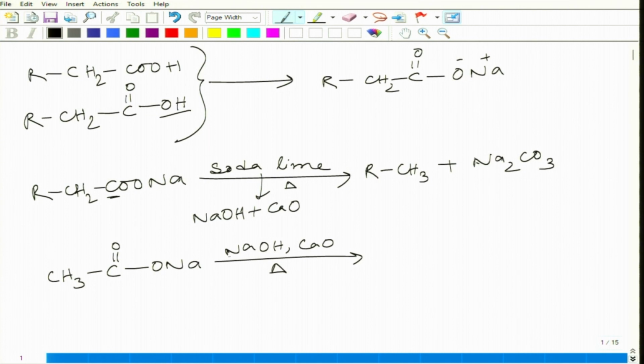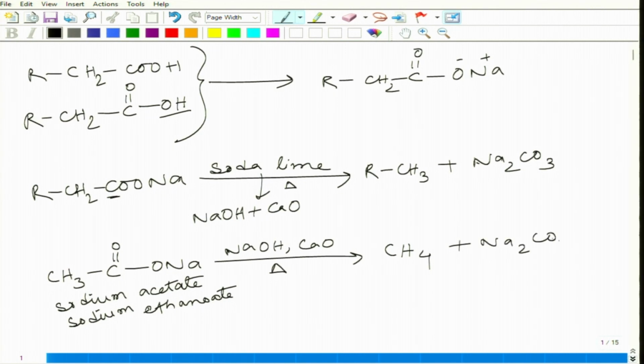So, in the presence of sodium hydroxide, calcium oxide and heat, the sodium salt of ethanoic acid, that is sodium acetate or sodium ethanoate, will give methane plus sodium carbonate.